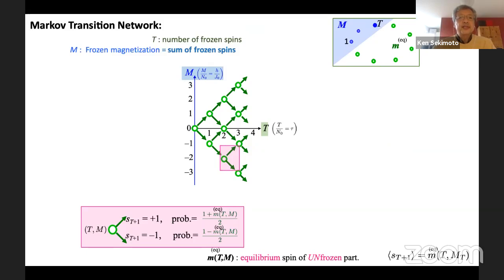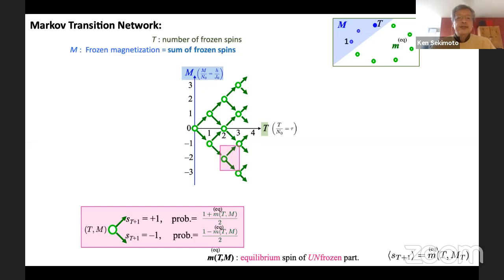Our protocol of fixation can be represented as a Markov transition network. Here, T, the number of frozen spins, plays the role of time, and the observable is M, the frozen total magnetization, which is the sum of the frozen spins. In the plane of T and M, the nodes, which correspond to the states of the whole system, are joined by two directed arrows, which correspond to fixing, in the next step, either spin up or spin down.